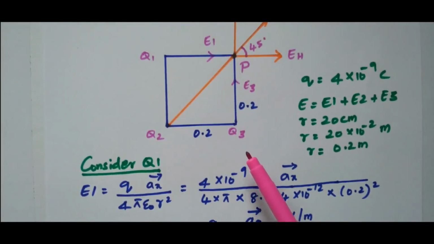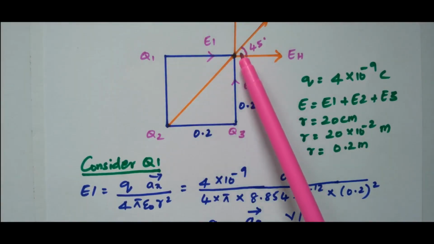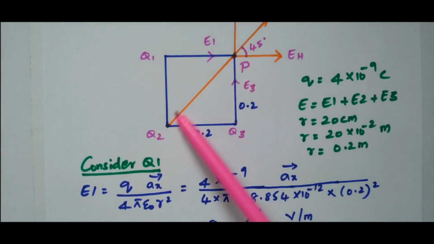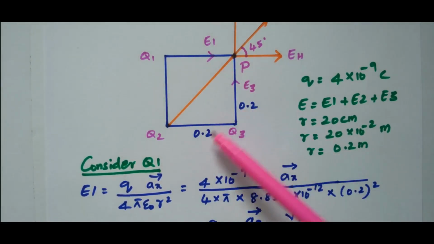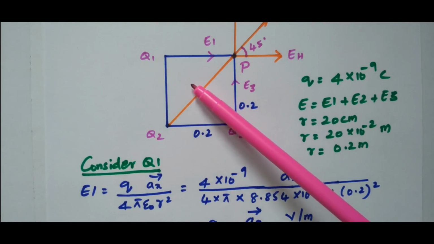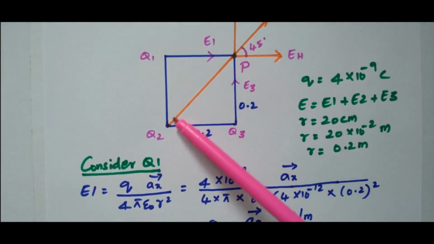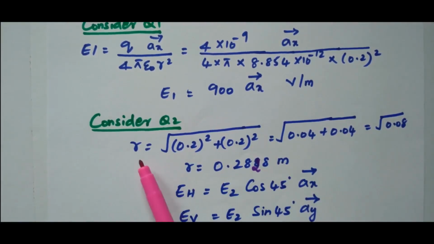From the diagram, the distance between point P and Q1 is 0.2. Distance between point P and Q3 is also 0.2. But the distance between Q2 and point P is not known. We need to find it from the Pythagoras theorem, because these two values are known, 0.2 and 0.2. According to the Pythagoras theorem, r equals square root of 0.2 square plus 0.2 square.